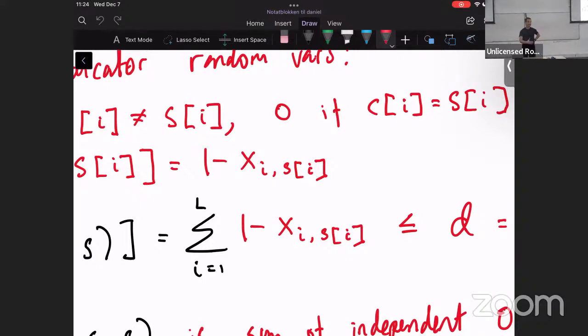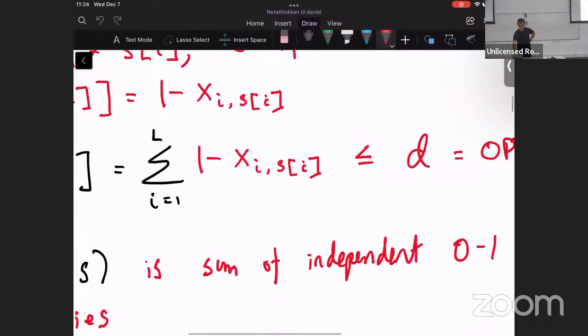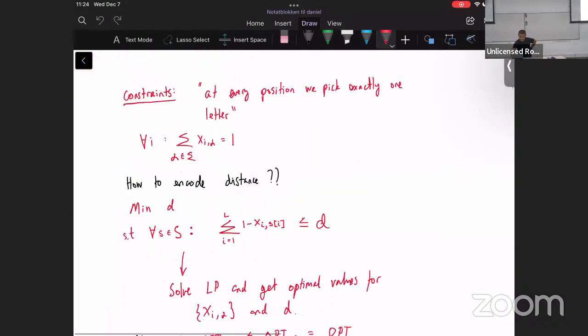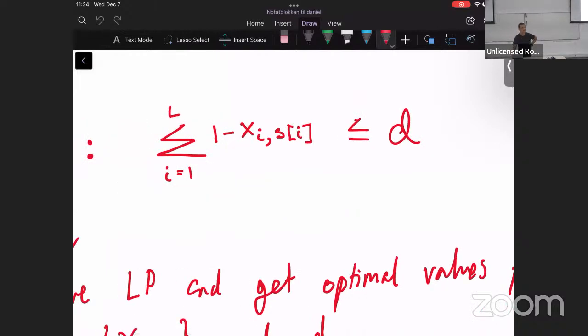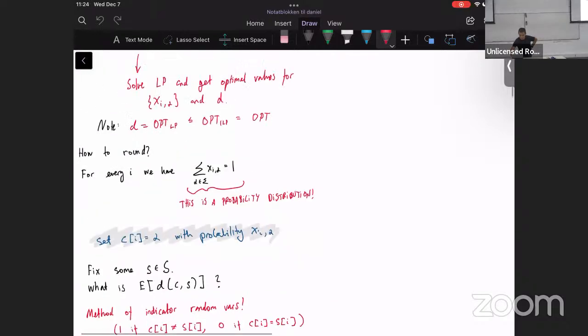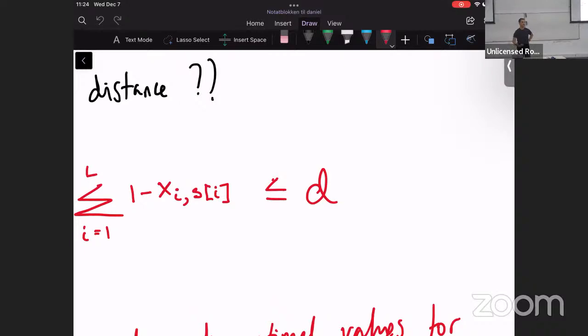So by linearity of expectation, the expectation of the distance is the sum of the expectations of all of the indicators. The expected distance is the sum of 1 minus x_{i,S_i}, but that was precisely how we computed the distance between C and S in the LP, so by that constraint, it is at most D, because we forced D to be bigger than that value in the LP.